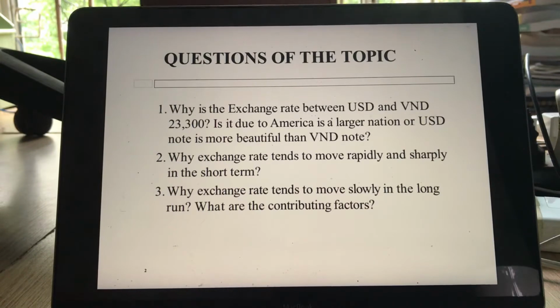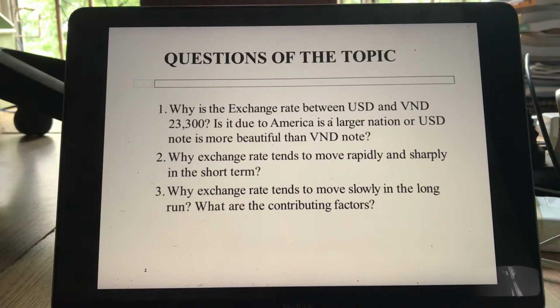Usually we observe the State Bank of Vietnam manage the exchange rate by devaluing our Vietnamese dong. But yesterday, the State Bank of Vietnam revalued.